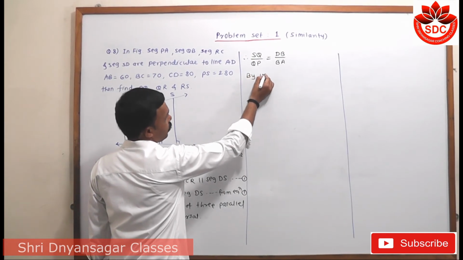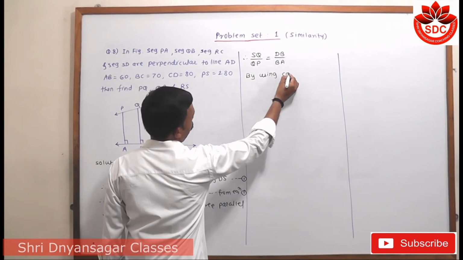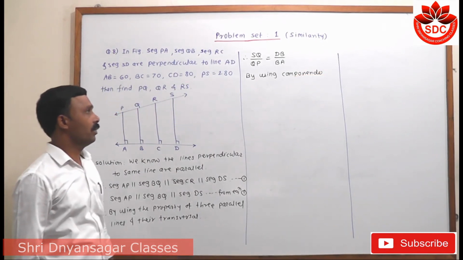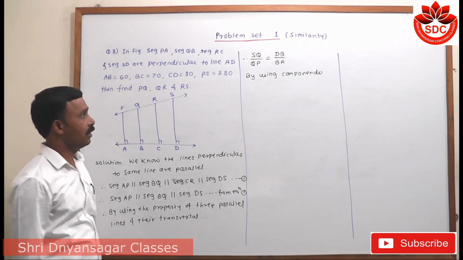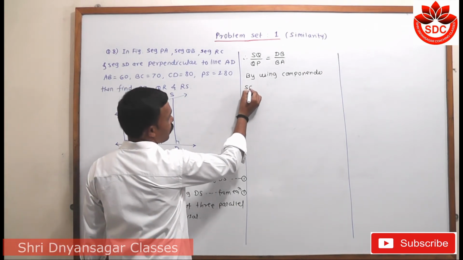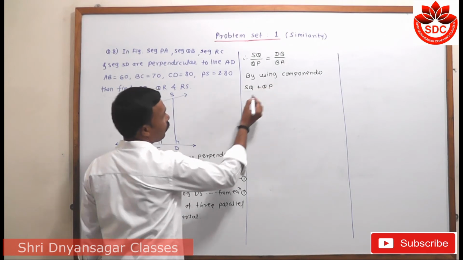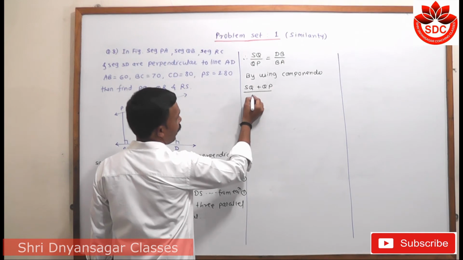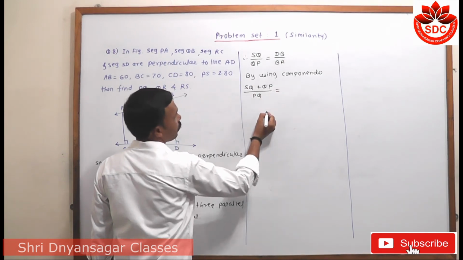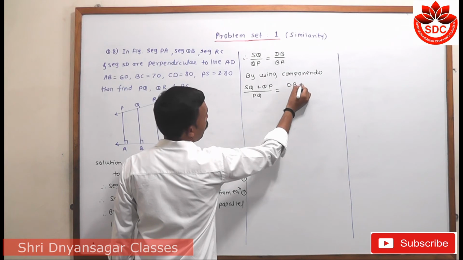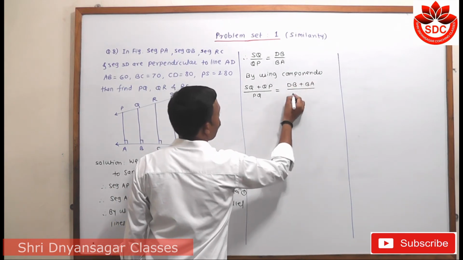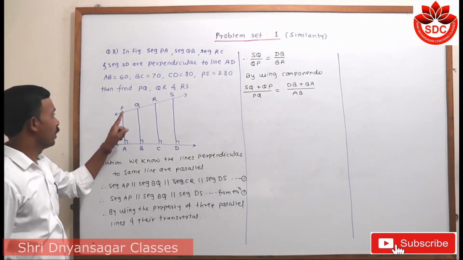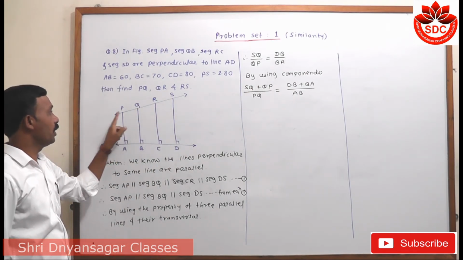By using componendo and dividendo, all these properties we discussed in 9th standard. Now I have to write SQ plus QP upon QP, we add the denominator to the numerator and write the denominator as it is, so PQ, is equal to DB plus BA upon BA, which I write as AB. Then look at the figure: SQ plus QP becomes PS.